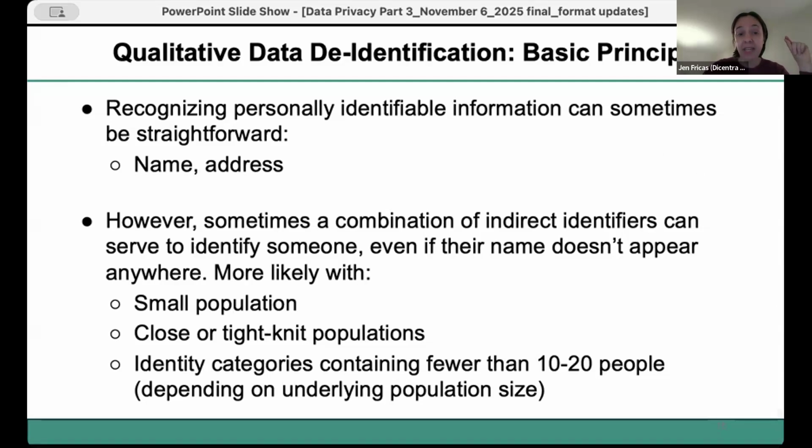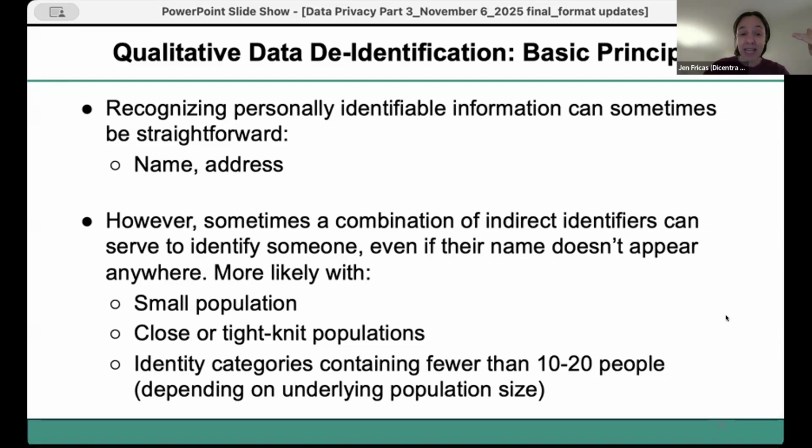This is most often the case when you're dealing with a small population, a close or tight-knit population, identity categories in your group of clients or participants that don't contain more than 10 to 20 people, so small groups of data. This is also critically important right now as many of you work with communities and individuals who are fearful for their safety and understandably reluctant to share their information.